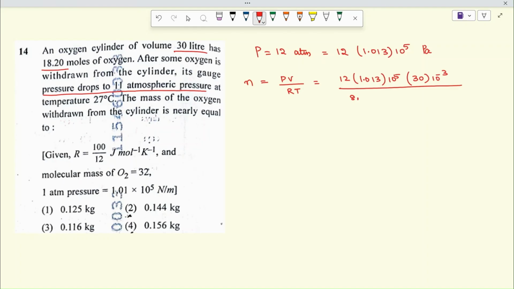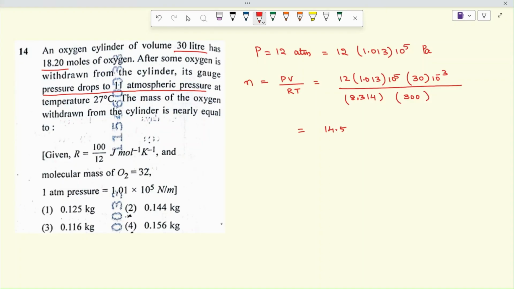R is 8.314. You can also take it as 100 by 12. Calculation may become easy with that. Into temperature is given 27 degrees, so 300 Kelvin. Now, on simplifying, approximately you will get 14.5.